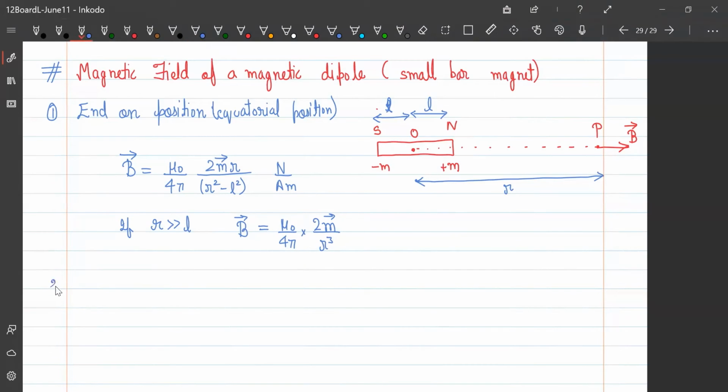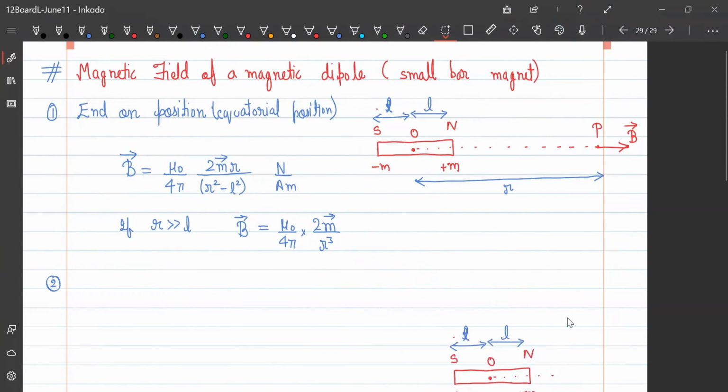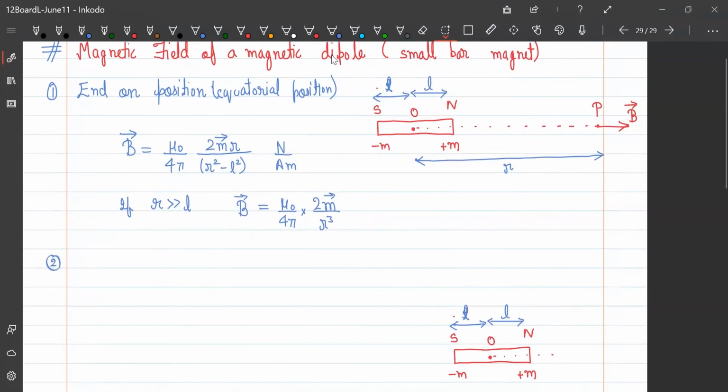And similarly, we can derive the magnetic field for the broadside-on position, that is, if my point is on the axial line. The point is on the axial line, and from the center, this distance is r. So the magnetic field will be towards the left direction. This is called the broadside-on position or the axial position.